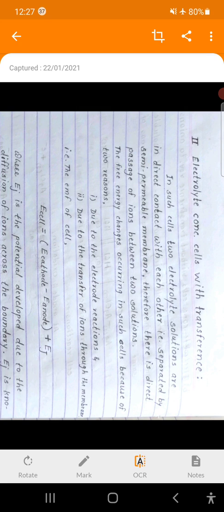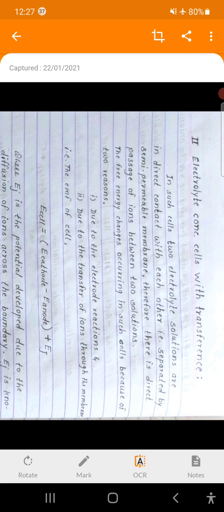In one half, a solution of activity A1 is placed, and in the other half, a solution of activity A2. The two solutions are in contact with each other because there is only a semi-permeable membrane between them.